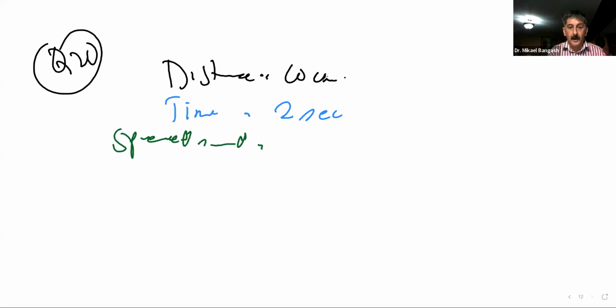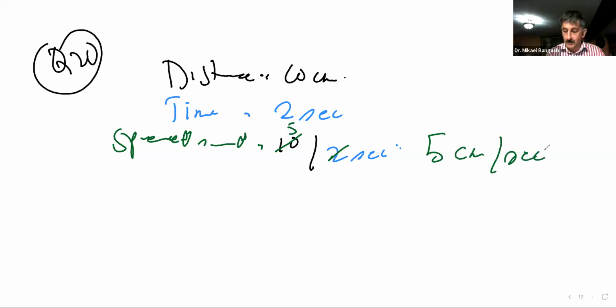And that's pretty much just doing your math: 10 centimeters over 2 seconds. So that makes it 10 divided by 2, which becomes 5 centimeters per second.